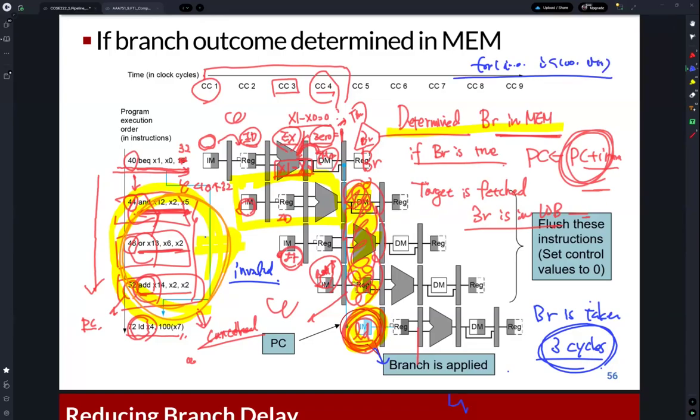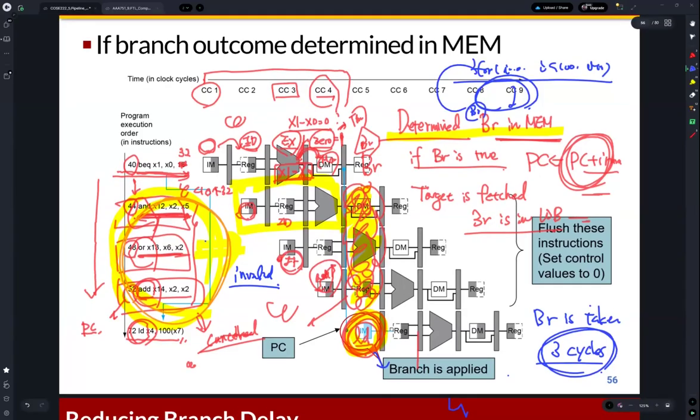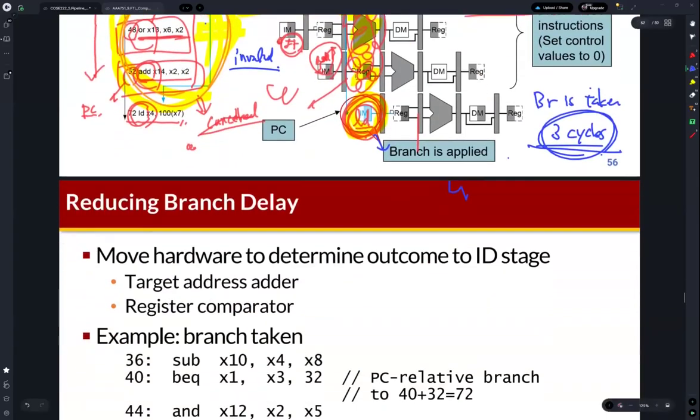In order to execute this for loop, we need to repeat the statements inside the loop 100 times, which means the branch is taken 100 times. For each branch instruction, whenever the branch is taken, three cycles are wasted. It's huge.